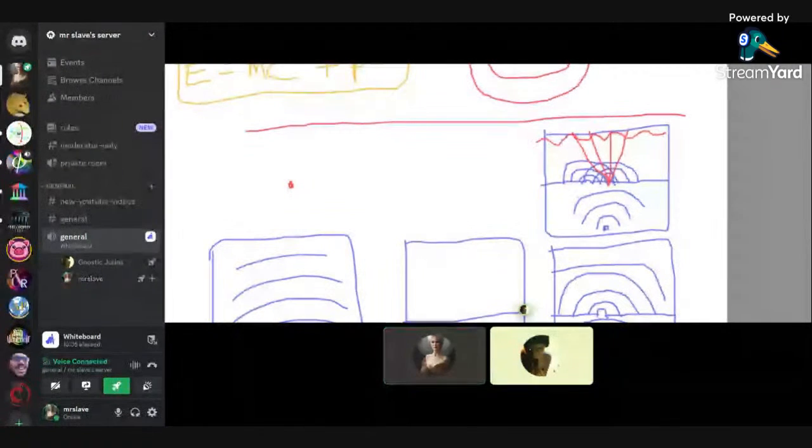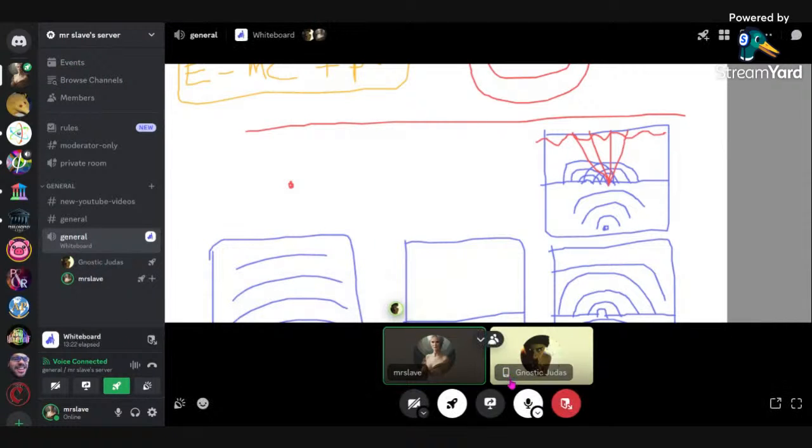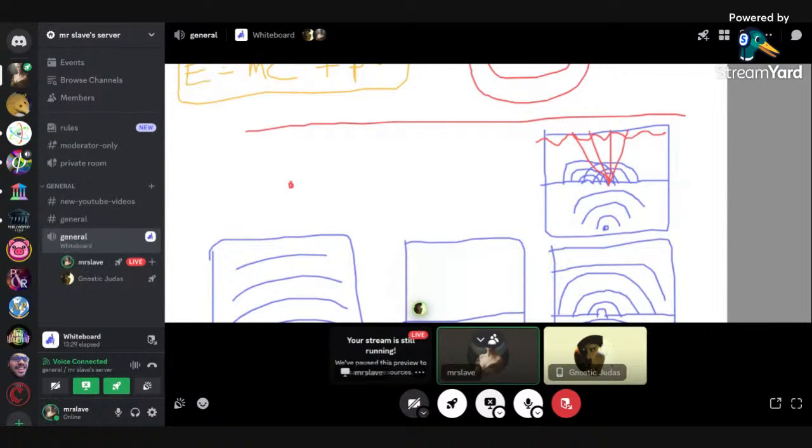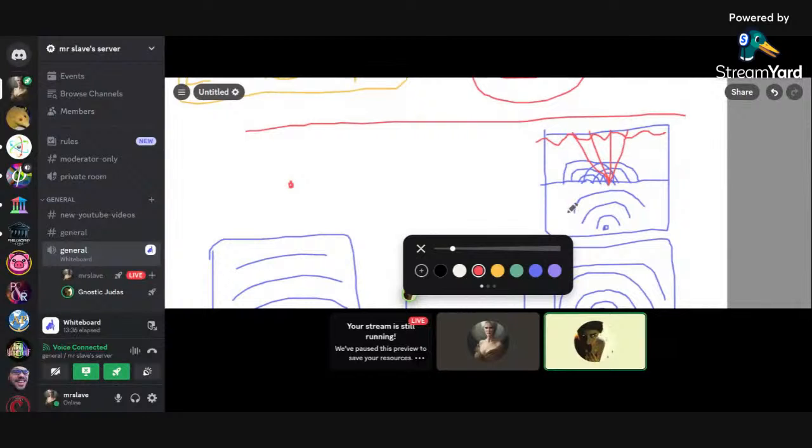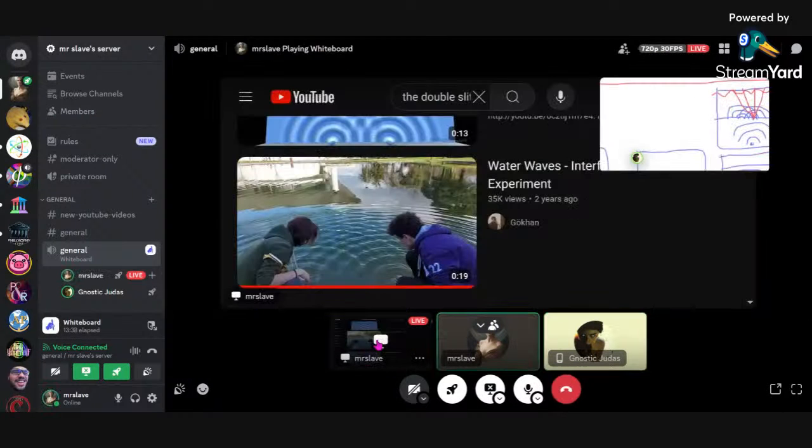But is it real or simulation? I don't know. I think we saw it yesterday. Let me share it with you. Let me see if this can work. The double slit experiment water. Tell me if you see it. I don't think you would see it. Is there a YouTube video playing or something? Stream is running.